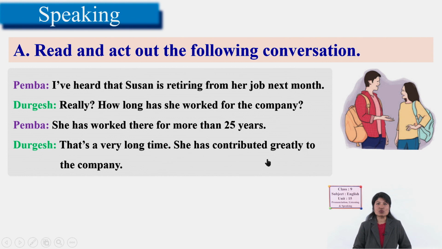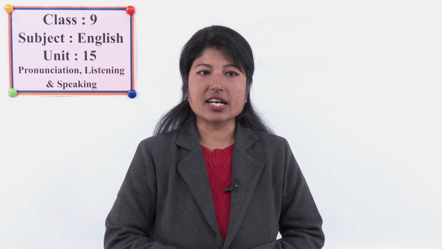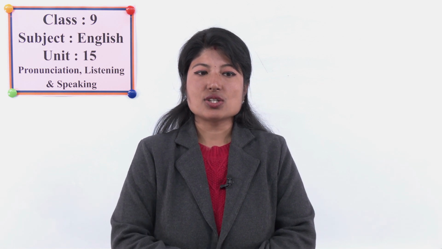So, have you noticed what is being practiced over here? Not yet? You must have, right? Okay, very good. I know you're very clever and you have already noticed what is being practiced over here. This is just an example and you have to create, look at here, so many dialogues.